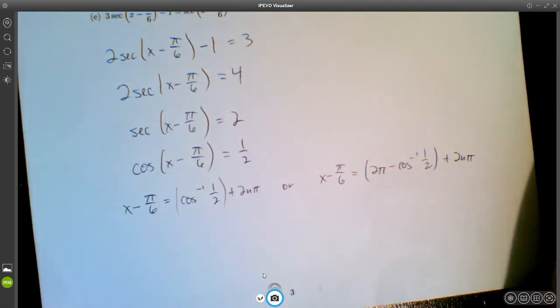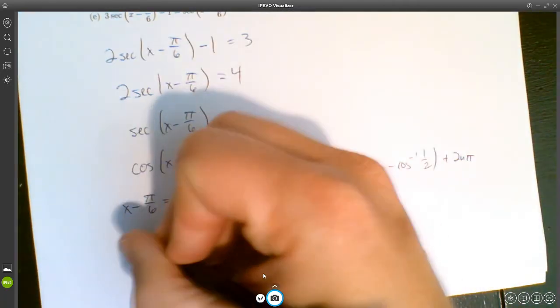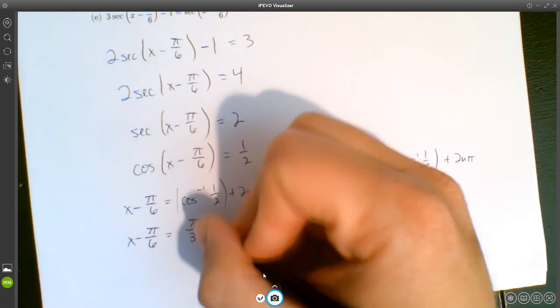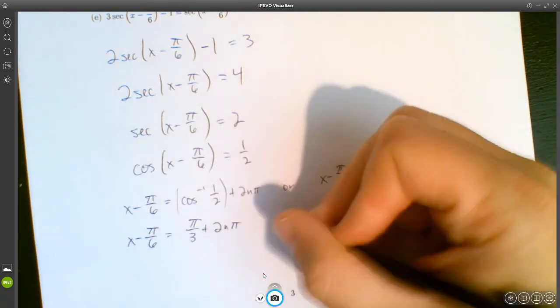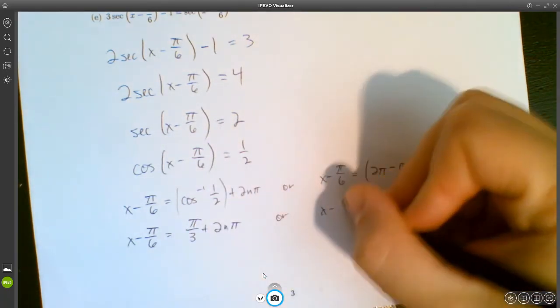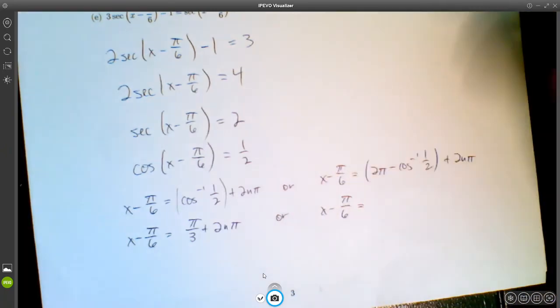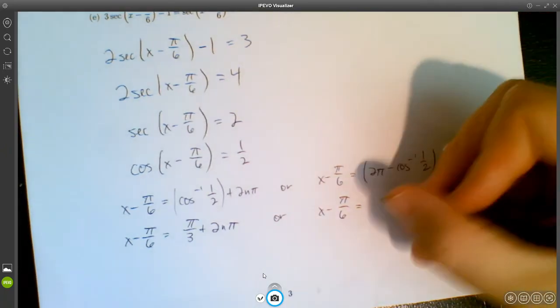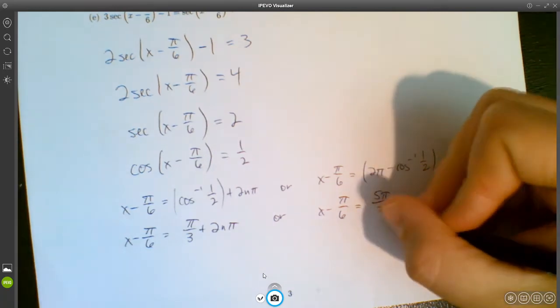Cosine inverse of 1/2, I think, would be pi over 3, right? Two pi is 6 pi over 3. Right? 6 pi over 3 minus pi over 3 is going to be 5 pi over 3.